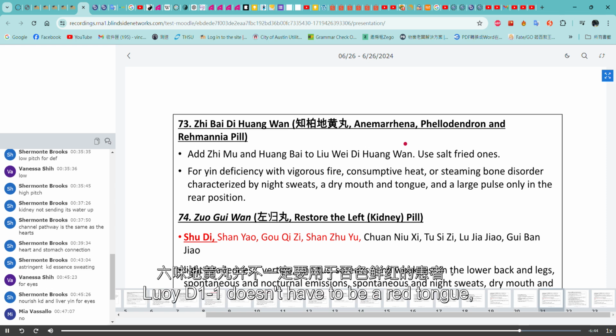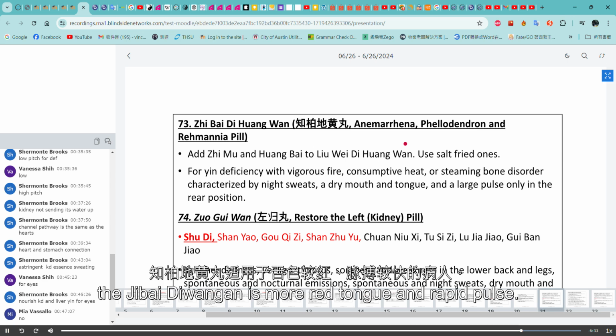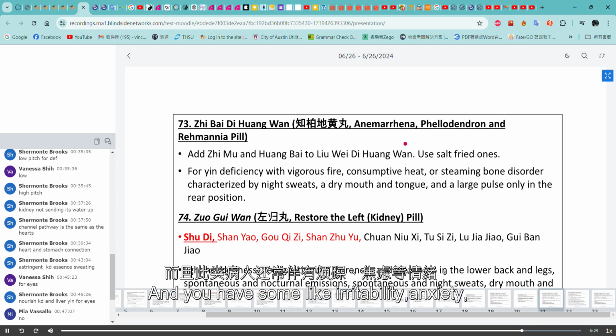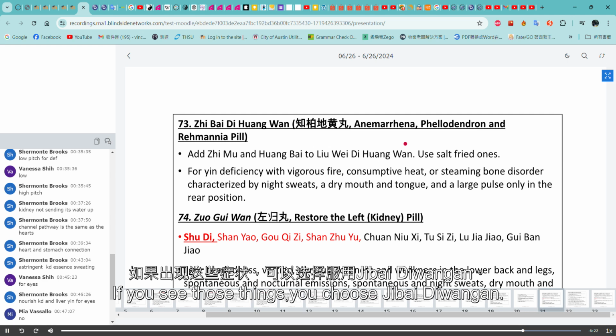Based on this definition, Liu Wei Di Huang Wan doesn't have to have a red tongue, it's a normal tongue, and the pulse is not going to be rapid. Whereas Zhi Bai Di Huang Wan has a more red tongue and rapid pulse, and you have some irritability, anxiety, severe night sweating, hot flushes. If you see those things, you choose Zhi Bai Di Huang Wan.